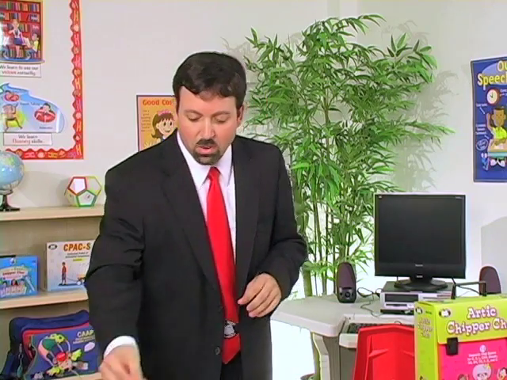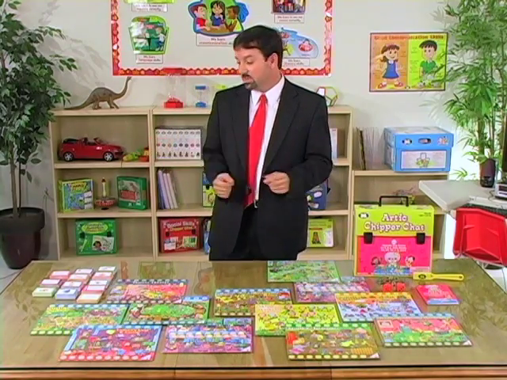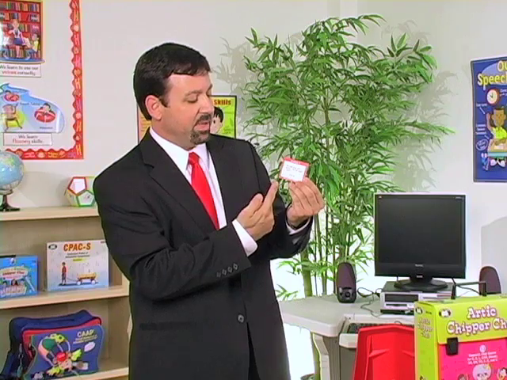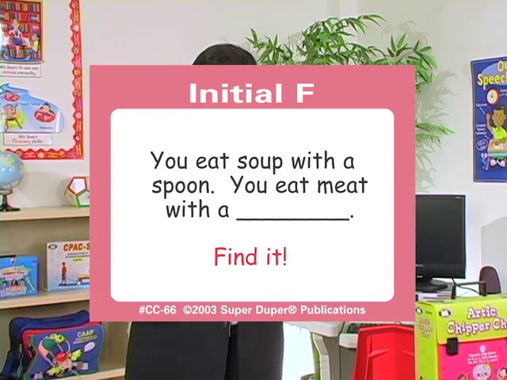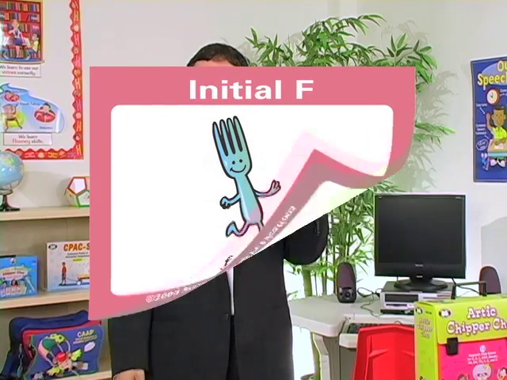Also with these cards, we can work on simple analogies. What do we do with simple analogies, for example? Well, this is a card taken from the initial F deck, and what we have is: you eat soup with a spoon, and you eat meat with a, and of course the child is going to correctly respond with fork, hopefully.